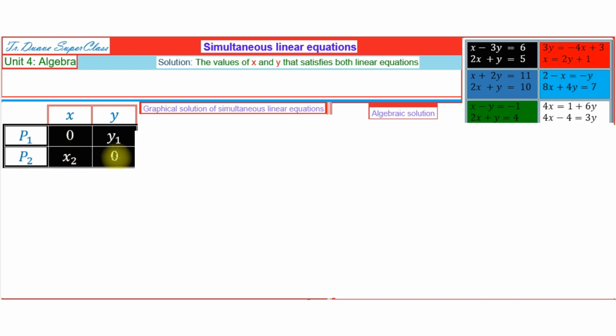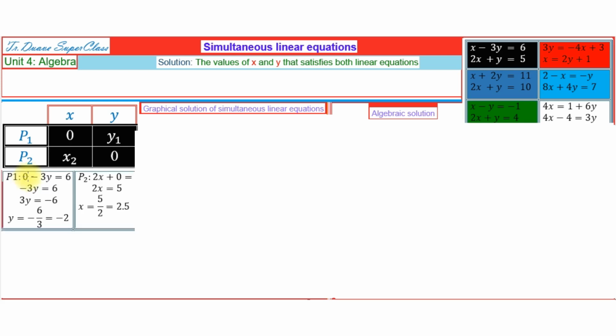And here we go, taking the first equation and replacing the value of x by 0, working it out, we'll have 0 minus 3y equals 6, which means minus 3y equals 6 and 3y equals minus 6, because we have multiplied the equation by minus 1. Then y equals minus 6 over 3, which is minus 2.